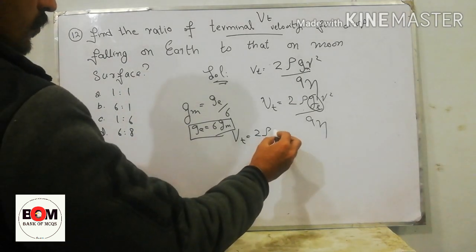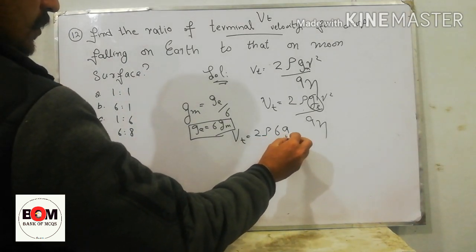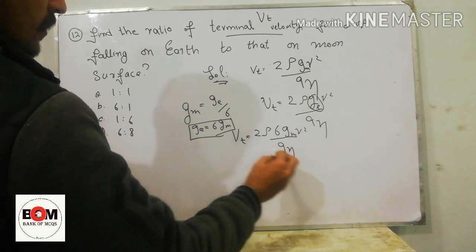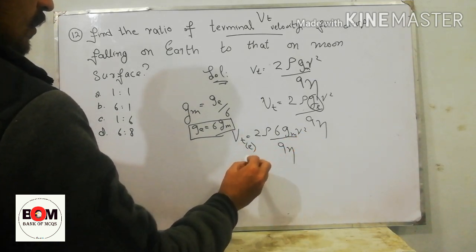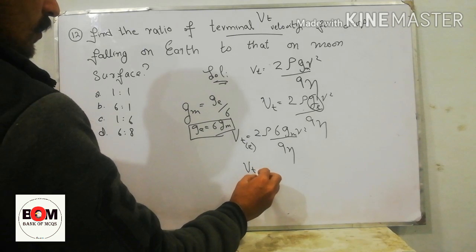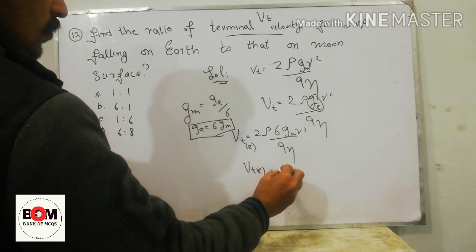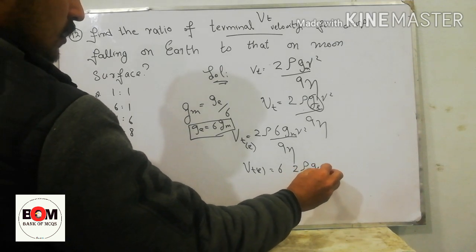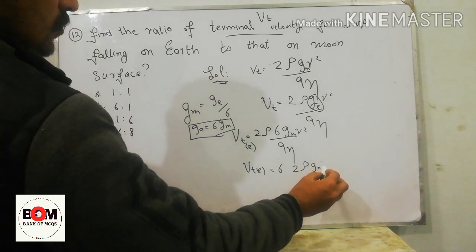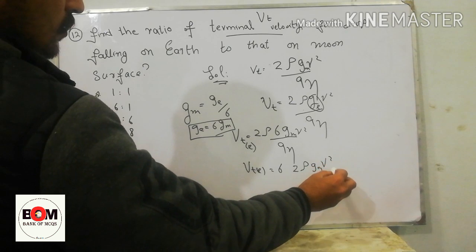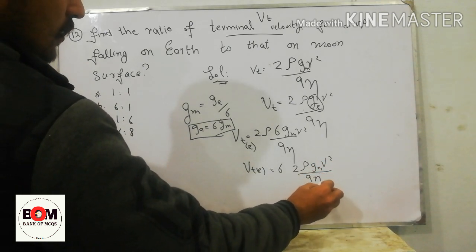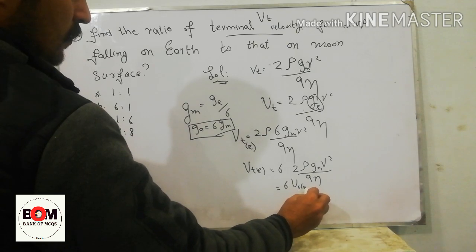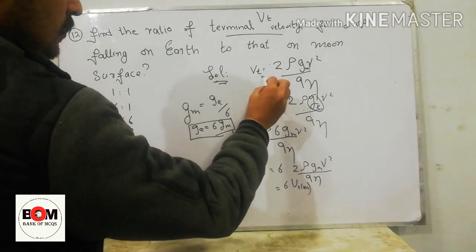So 2ρ times 6 times gm r² divided by 9η, that is Vt for Earth. So we will get Vte is equal to 6 into 2ρgr² divided by 9η, and that is 6 into Vt of moon.